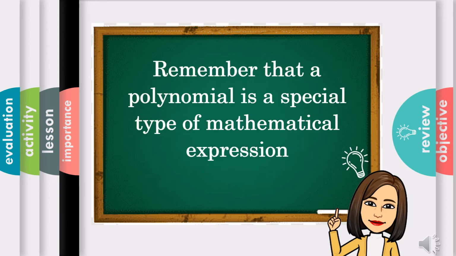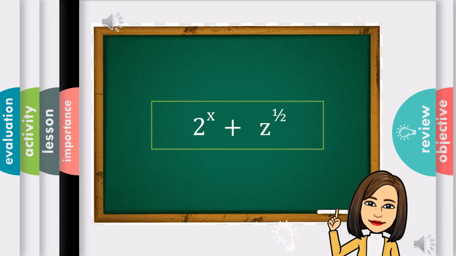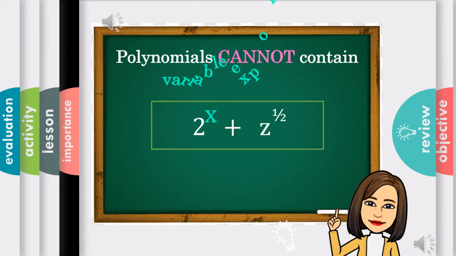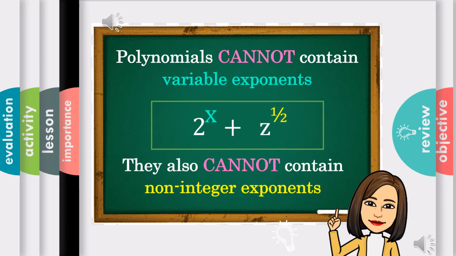Remember that a polynomial is a special type of mathematical expression. These are the things to consider in determining a polynomial expression. Polynomials cannot contain variable exponents. They also cannot contain non-integer exponents.